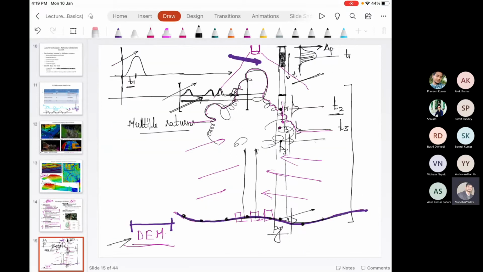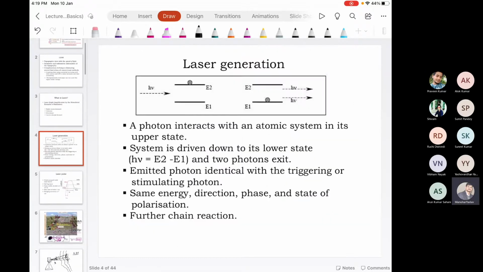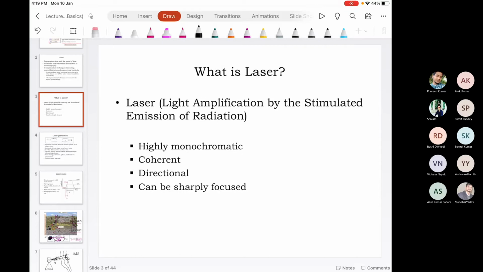One more point I would like to include over here. As we have discussed, what should be the property of the laser that is generated by the laser source? So one point, that is highly monochromatic.